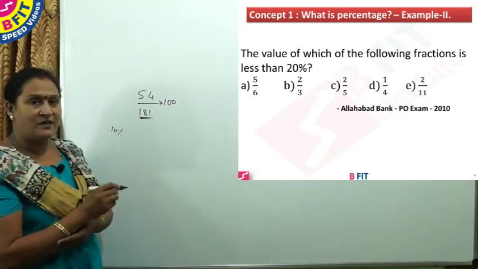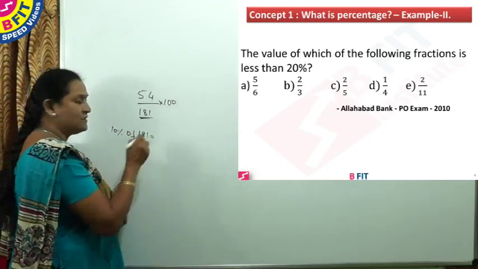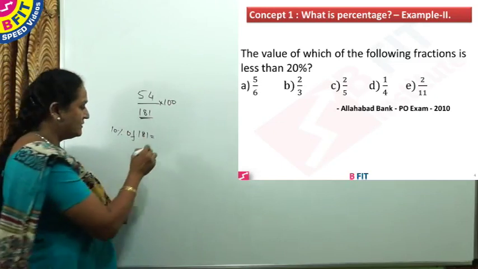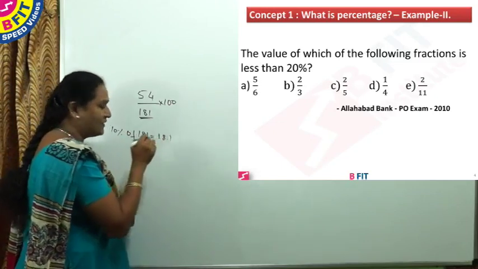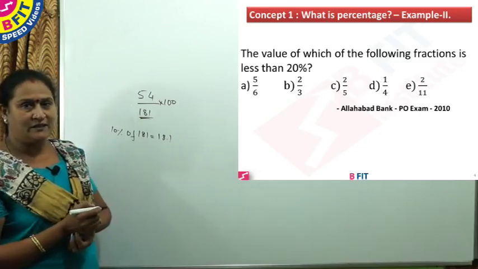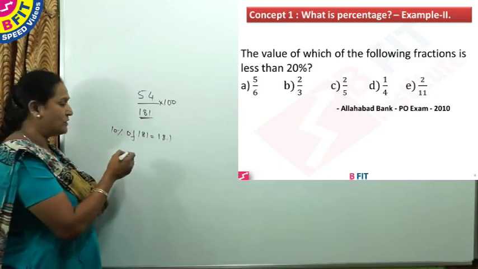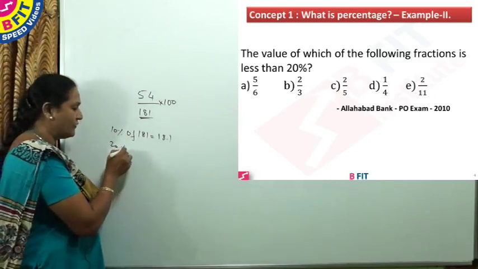So what is 10% of 181? I have told you 10% is just place an integer after the last integer. So 54 is more than 10%. We'll check for the next multiple of 10, that is 20. What is 20% of 181?